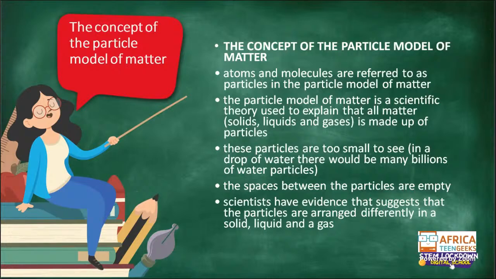For solids, they are compact. Then for liquids, they are loosely compact. And then in gases, they are very loose. Okay. So scientists have come out because of this particular model of matter to suggest how particles in the various three states of matter are arranged.